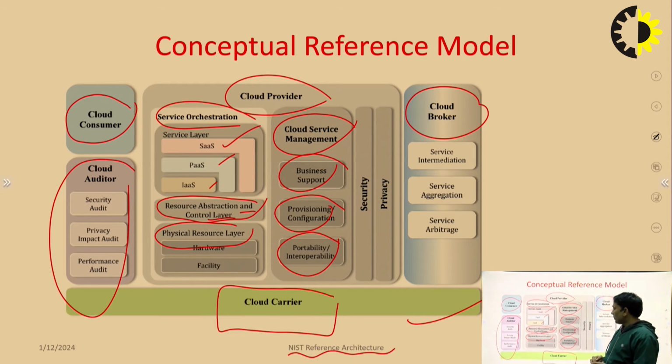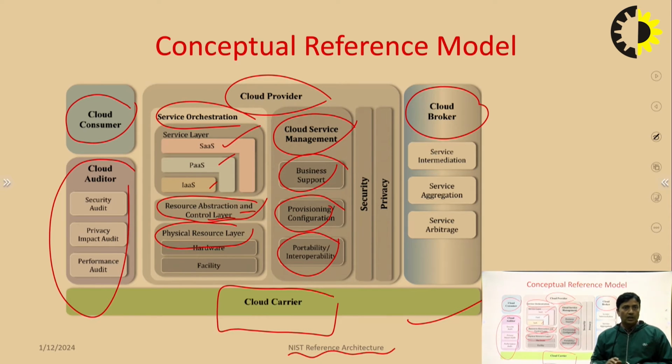Cloud service management for business support. Okay, that means managing and configuring the services so that more income can be made on a particular service. From the business perspective, it should be very user friendly and readily available for the consumer.